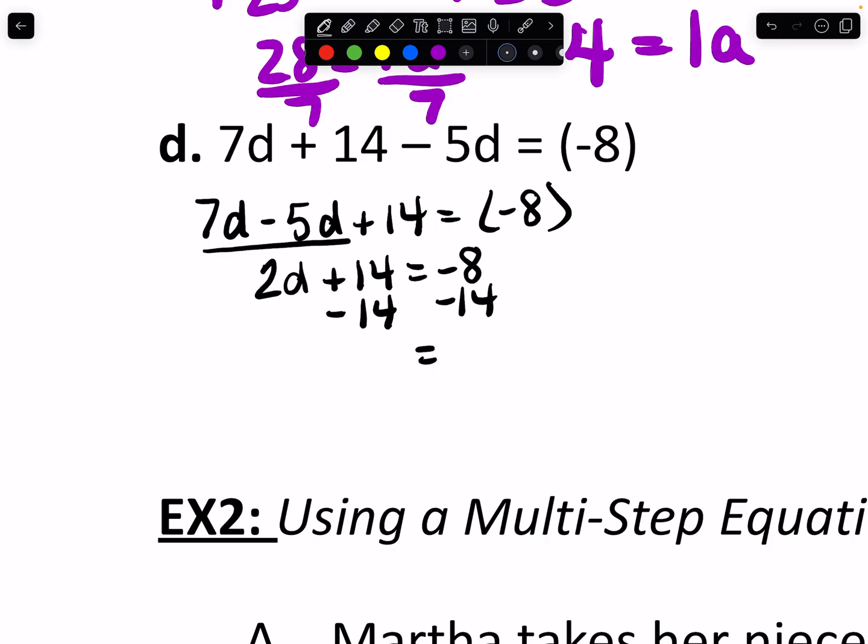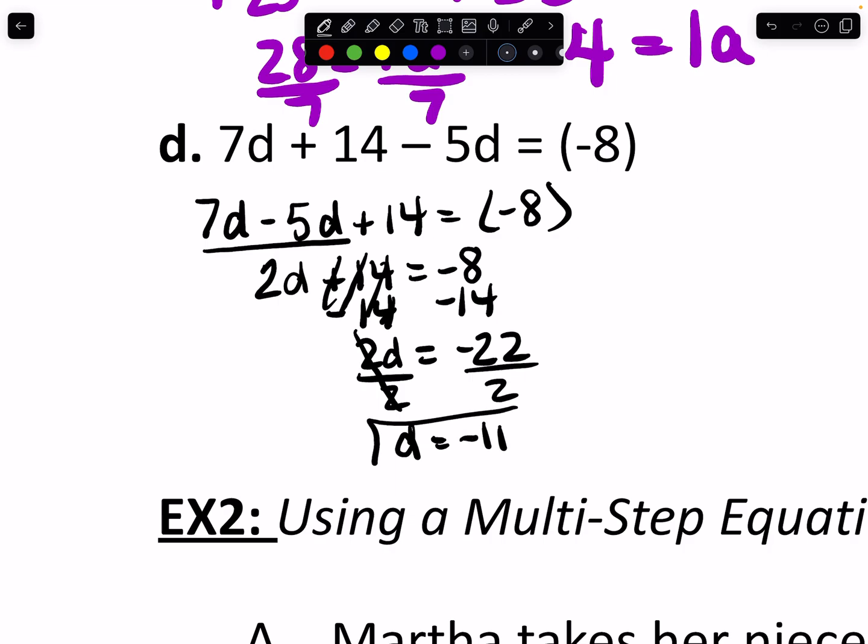Negative 8 minus 14 more is negative 22. Bringing down my 2d because these are gone. Divide by 2, that makes it 1d, and negative 22 divided by 2 makes it negative 11. So our answer is d equals negative 11.